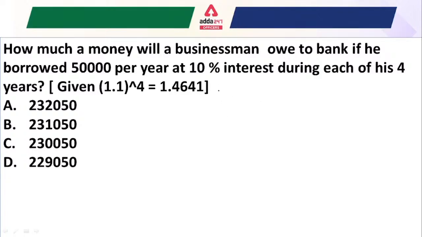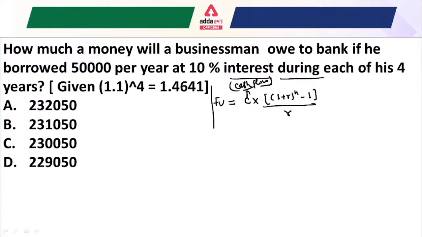If we are talking about the ordinary annuity formula, the future value is equal to C, which is known as the cash flow, multiplied by (1 plus r) to the power n minus 1, divided by r. So this is the formula for the future value of the ordinary annuity.